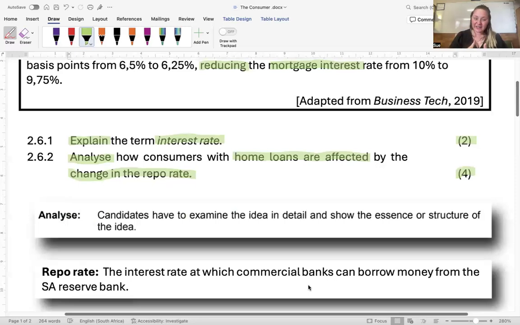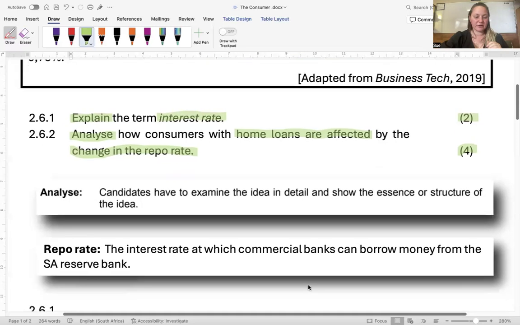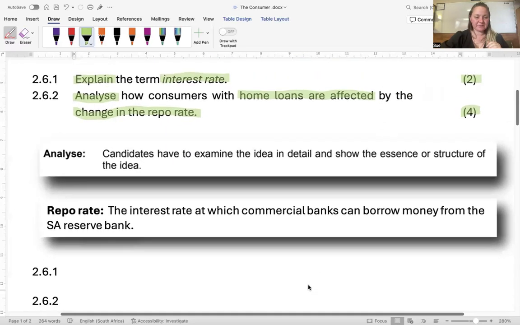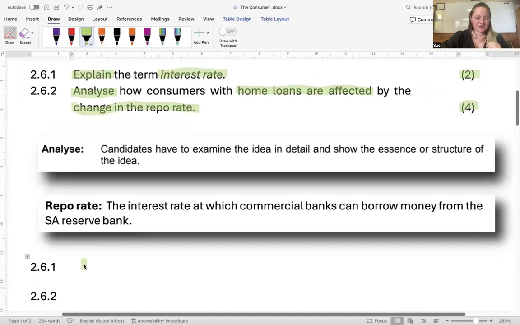And the interest rate is based on the repo rate. So we know that if the repo rate goes up, interest rates will go up. And if the repo rate goes down, then our interest rates will go down. So those are very important things that we need to know. So first up was the question, explain the term interest rate.